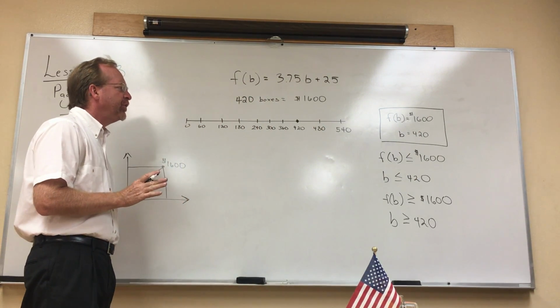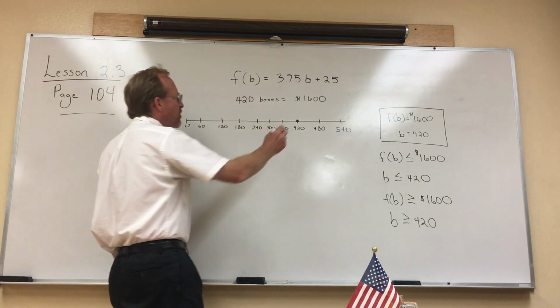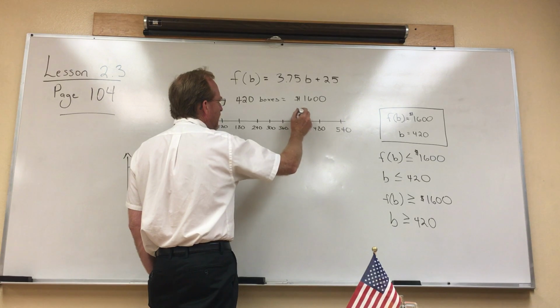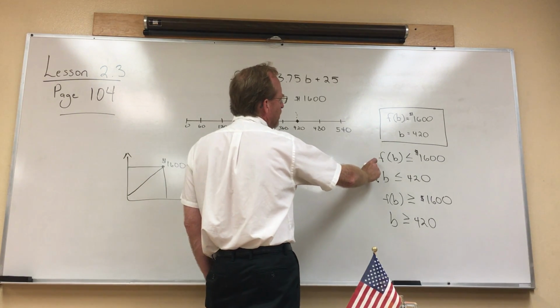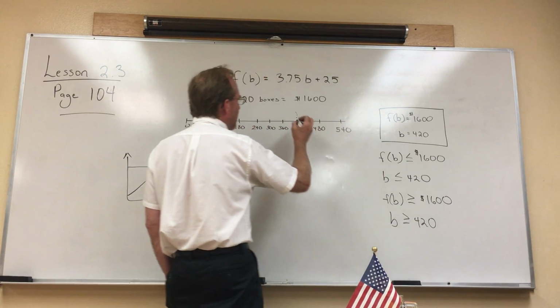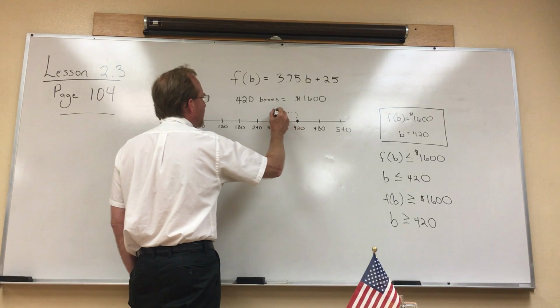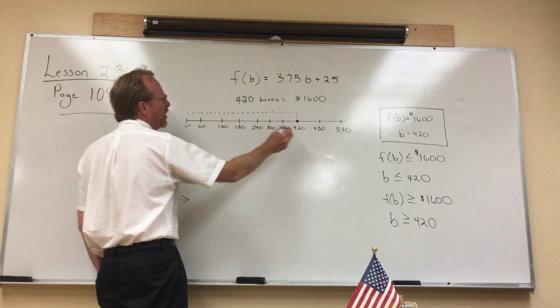Now, they also show you if you sell less than that, then you mark it like this. If you want to know where it's going to be less than $1,600, it's going to look like this. Sorry, that's not a very good rectangle. The one in your book is better.